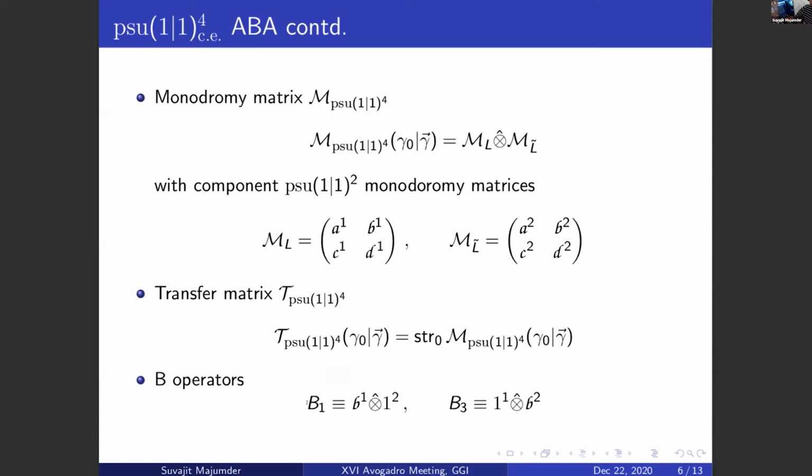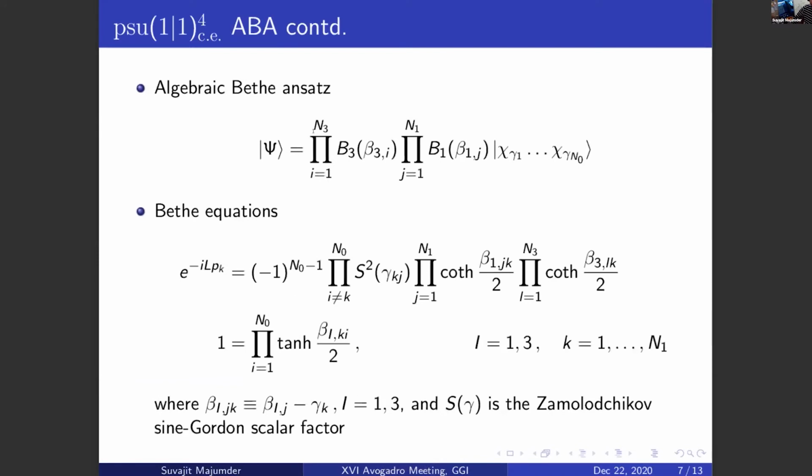Now, if we define B operators of this type, so these are just the B operators of the PSU(1|1)^2, then what turns out is we can write down a Bethe state of this type, where this is the ground state, the pseudo vacuum, with some impurity labels attached to it.